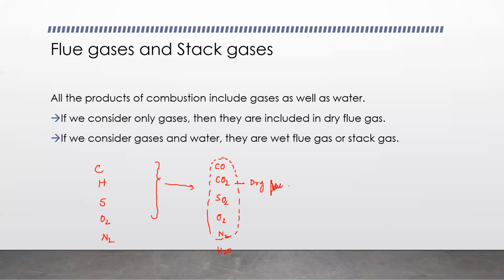And if these gases and water are included as well, then they are known as wet flue gases or stack gases. So if you don't consider water, it's dry flue gas. If you consider water, that is wet flue gas or stack gas.